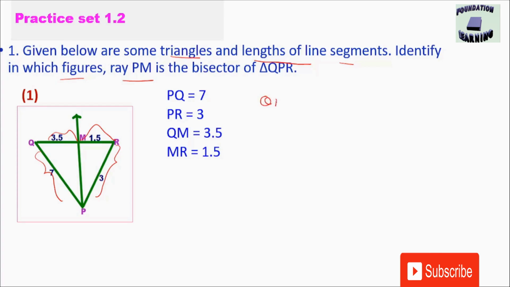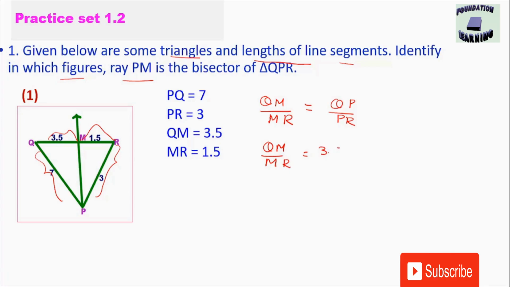Which ratio? QM upon MR. If the ray has to be a bisector, then QM upon MR should be equal to QP upon PR. So first what we'll do, we'll find the ratios of each one. That is QM upon MR. How much is QM?